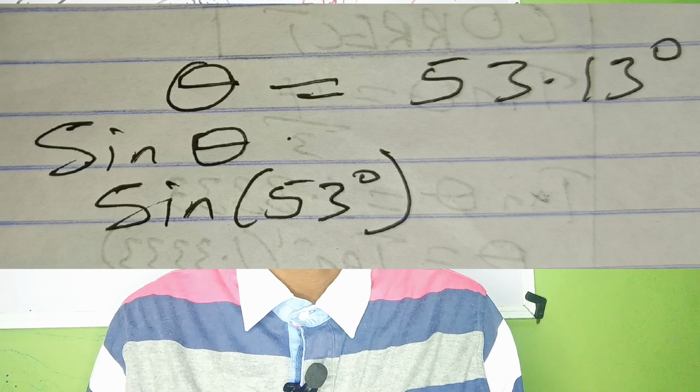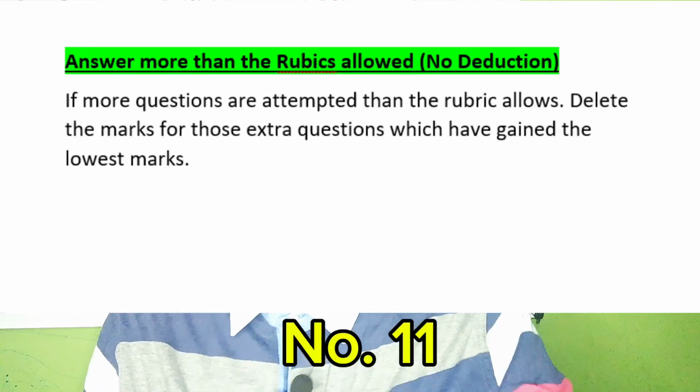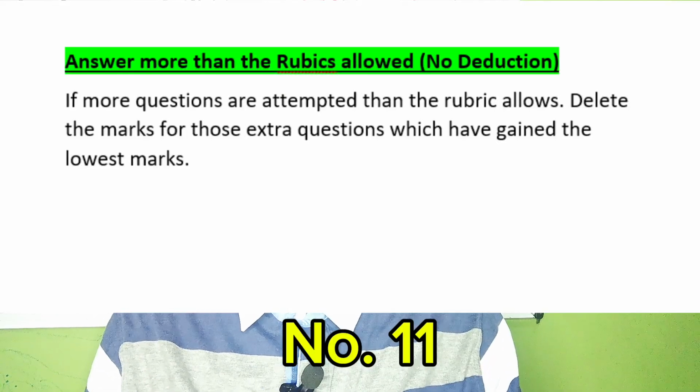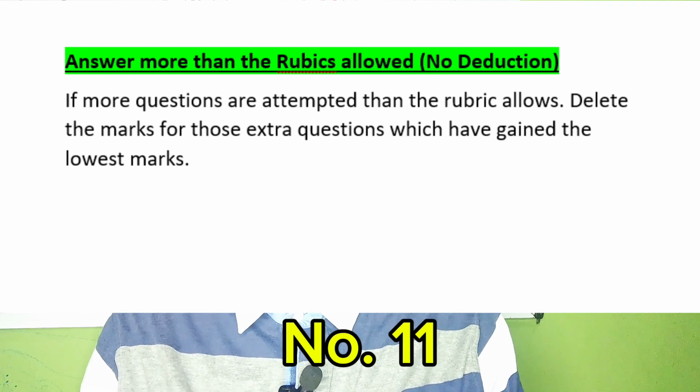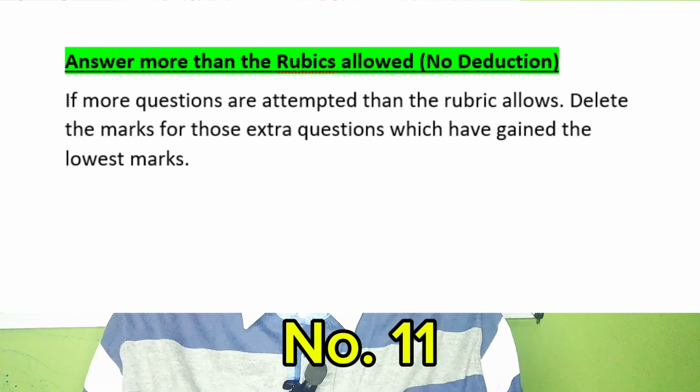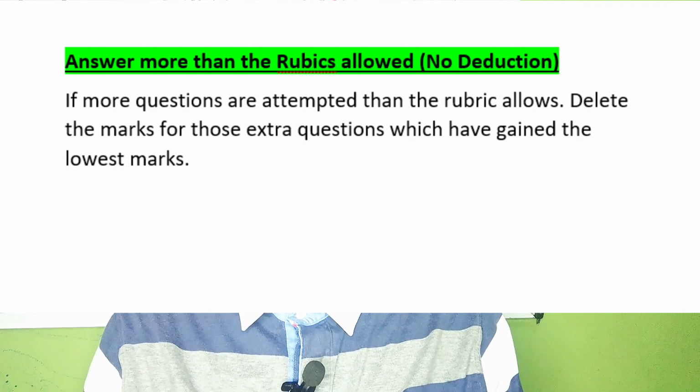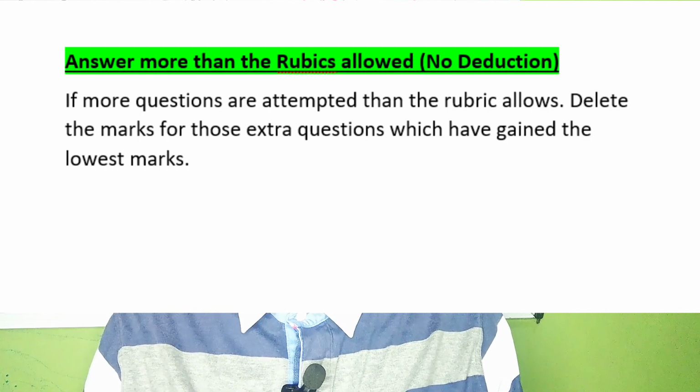So let's go to the next one, which is number 11. When you answer more than the rubrics allow, no deduction. That's an advantage for the student. Let's say, for example, in part 2 you have to answer 5 questions.